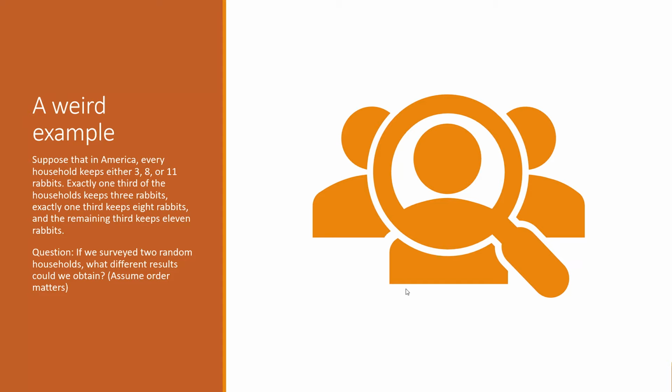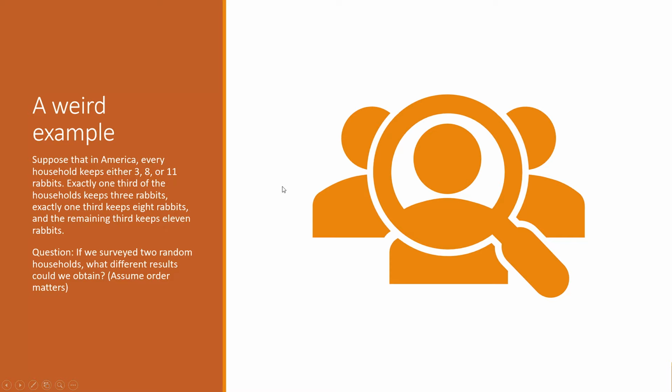Even if you don't have all the population data, you can still get a pretty good estimate of the population data by getting the mean of all the samples that are out there already, or, as we'll see in the next chapter, so not right away, but we'll get to it, of just doing a big enough single sample. But let's do a weird example and just get more familiar with how these samples work.